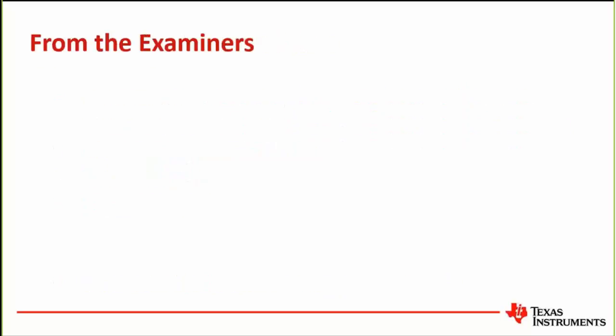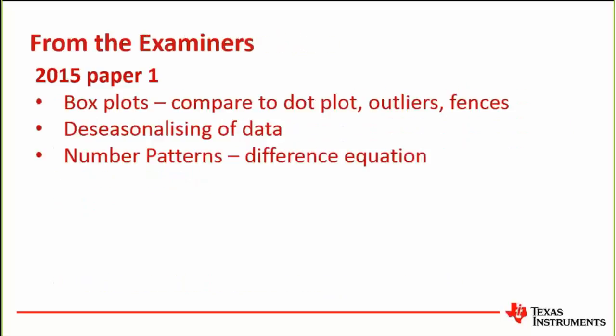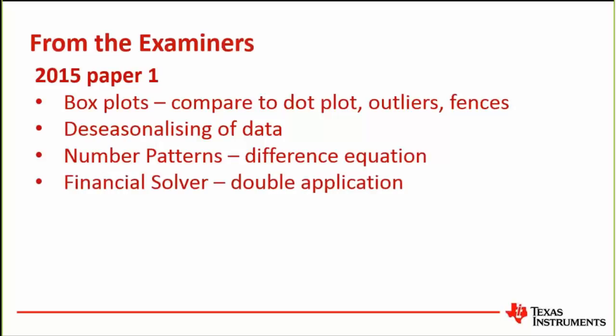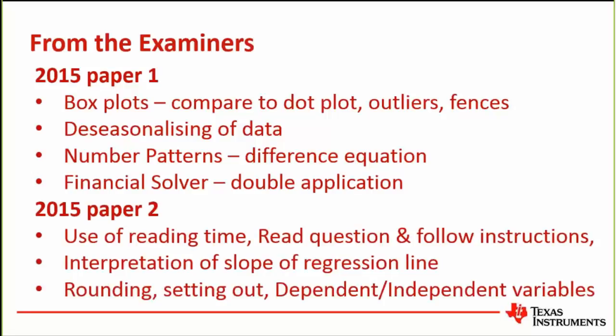This is a summary of some of the areas of concern that the examiners found from the 2015 first examination paper, and here are the areas of concern for the 2015 paper.